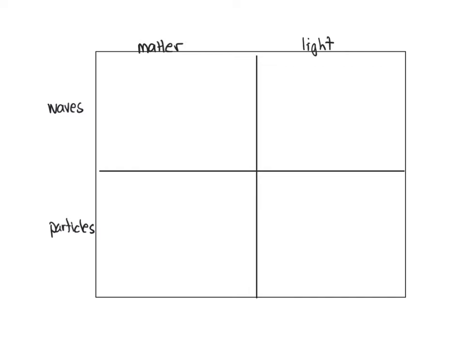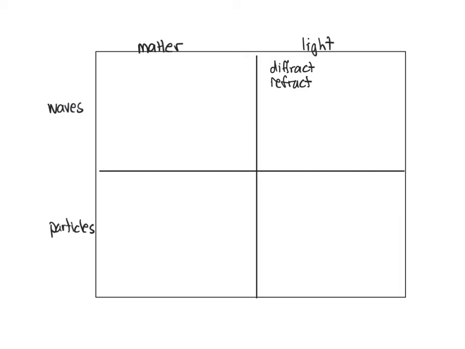So first of all, let's think about our classical view, where we think about light as being a wave. In this view, we know that light can diffract. That is a fundamental property of waves, and it can refract, which is also a fundamental property of waves.